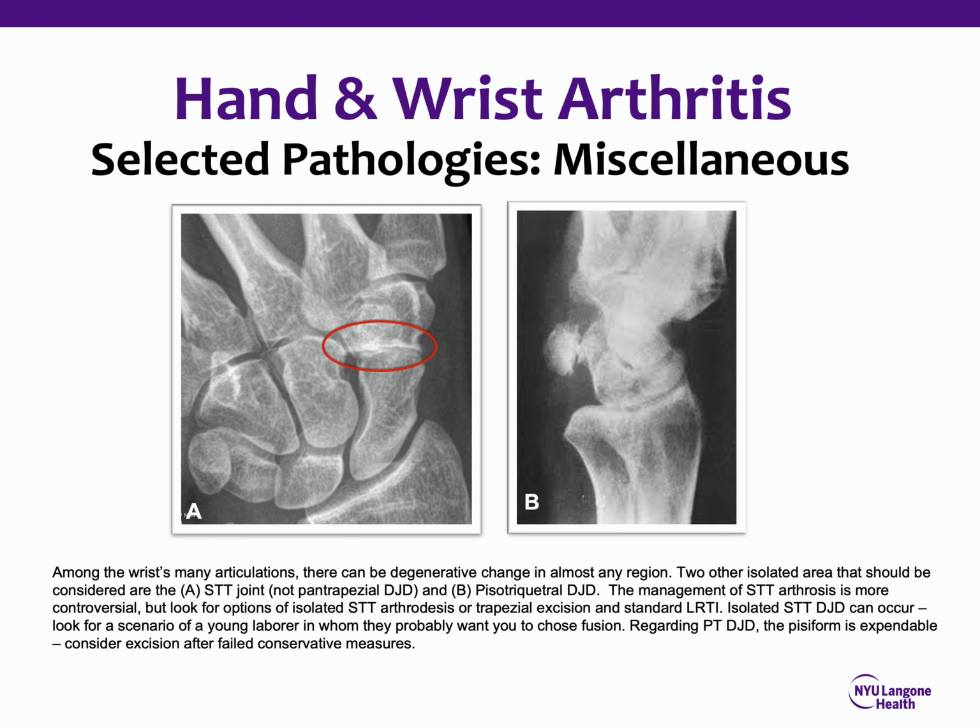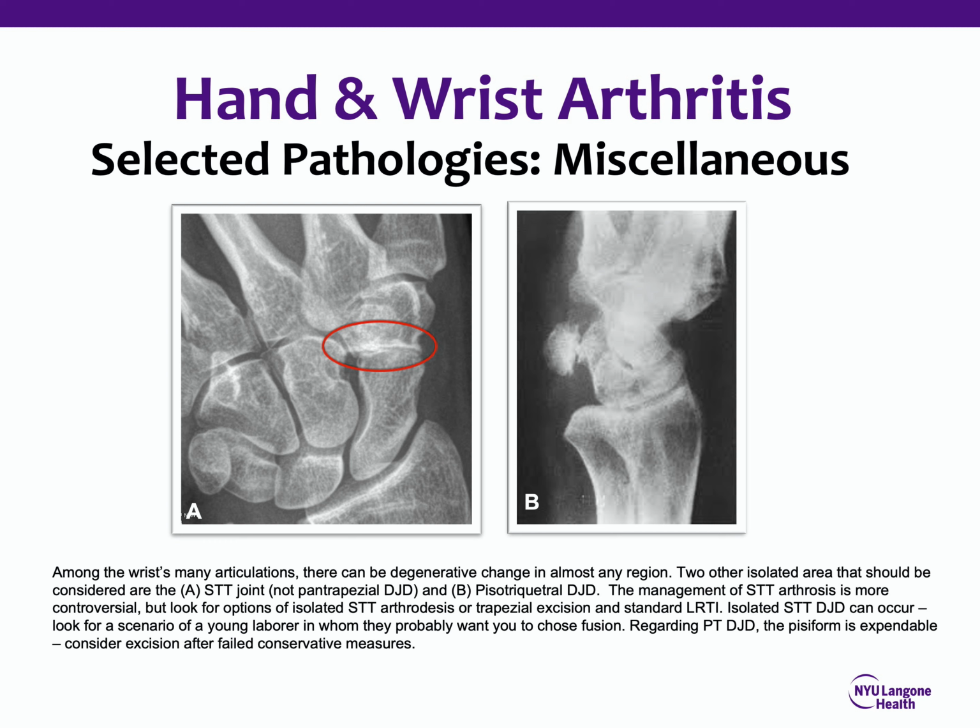Ulnar-sided wrist pain, again, is its own discussion, but for our purposes, you can have isolated pisotriquetral arthrosis. Sometimes they fell on an outstretched hand several months or years ago, and maybe they had an impaction type of injury at the pisotriquetral joint. The platform of the triquetrum got injured, whatever.